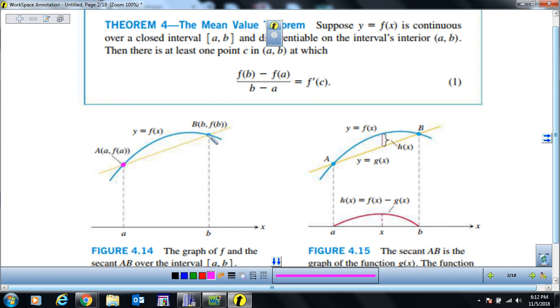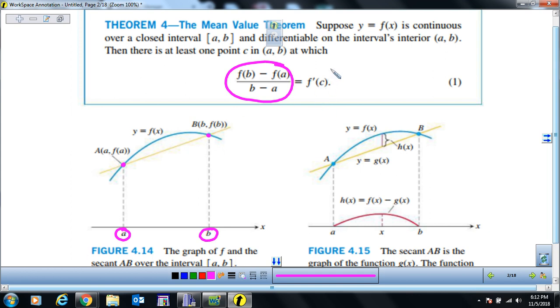So you see that there is this secant line passing through a and b, and that's where this part comes in. This represents that secant line, or the slope of this secant line at these two given values.